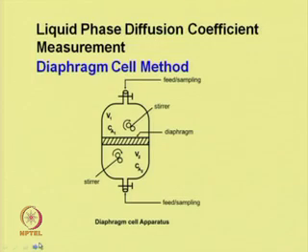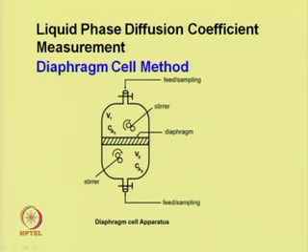Let us consider another technique for liquid phase diffusion coefficient measurements. There are many methods available to calculate the liquid phase diffusivity. One of the simplest methods is known as the diaphragm cell method. In this case, a simple cell is divided into two parts with a diaphragm.